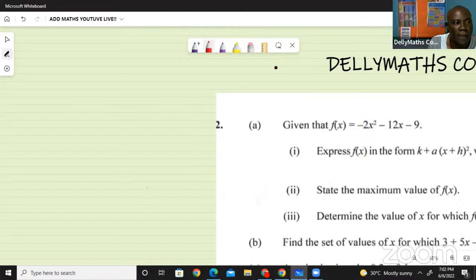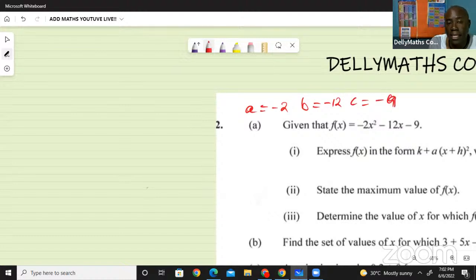If I have this to represent, what I want to do is write down my A, my B, and my C. So A is negative 2, B is negative 12, and C is negative 9.